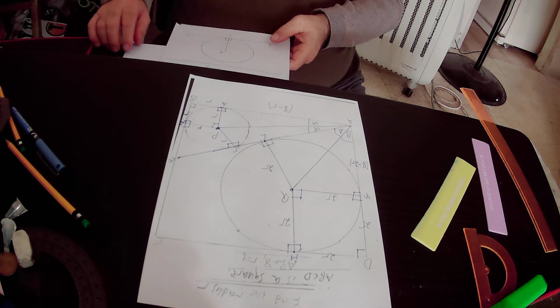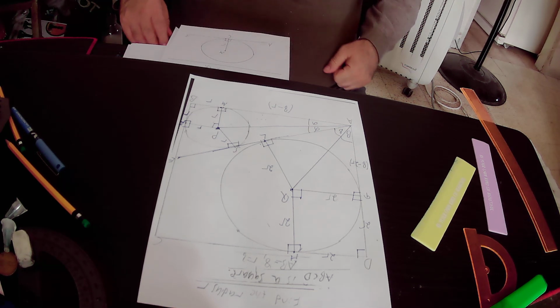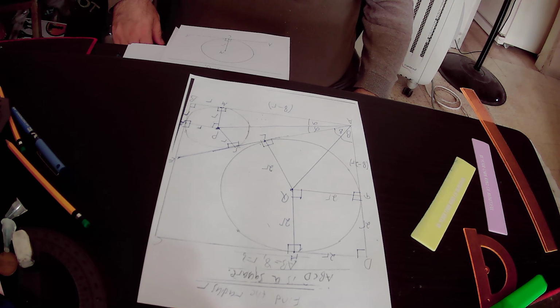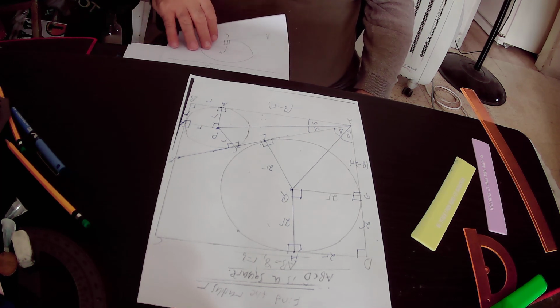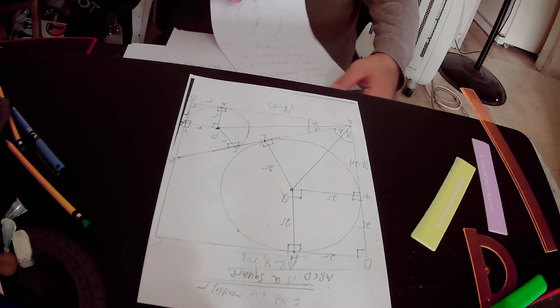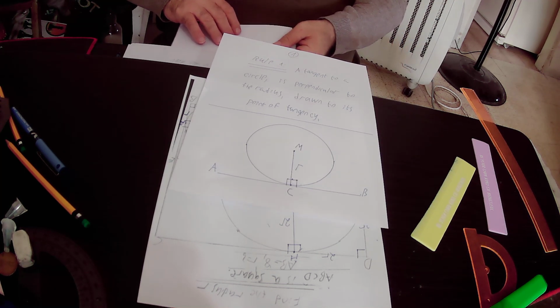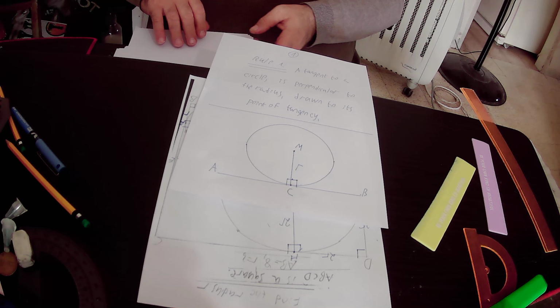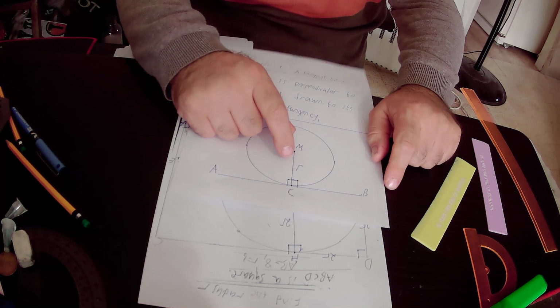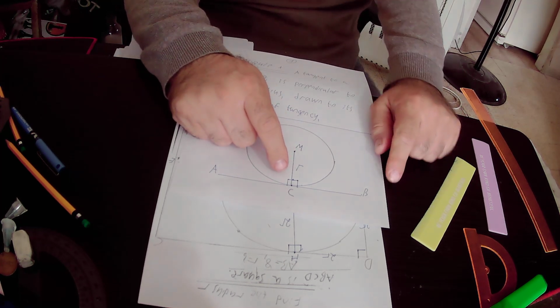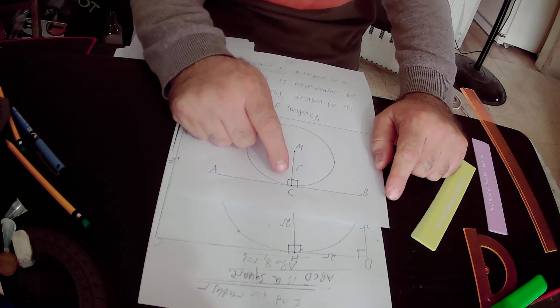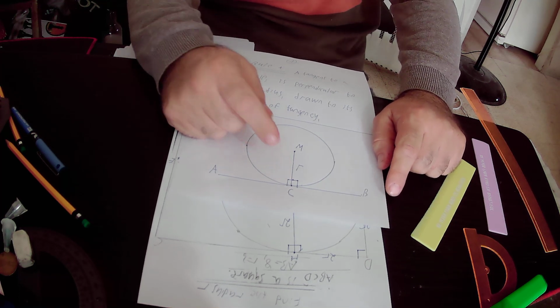And actually we have rule number 1. Rule number 1 says that a tangent to a circle is perpendicular to the radius drawn to its point of tangency. Okay, so here we have this radius drawn to the point of tangency, that is to say, drawn to point C, that is the point of tangency.